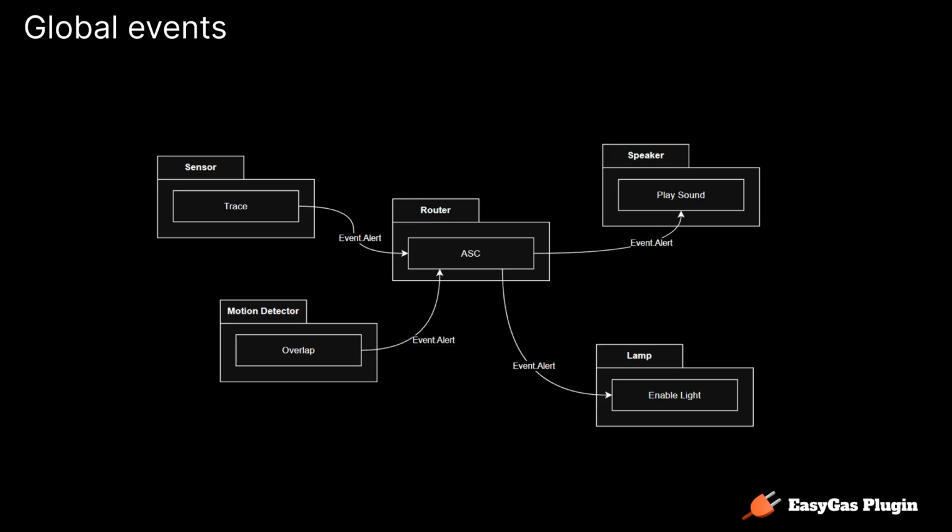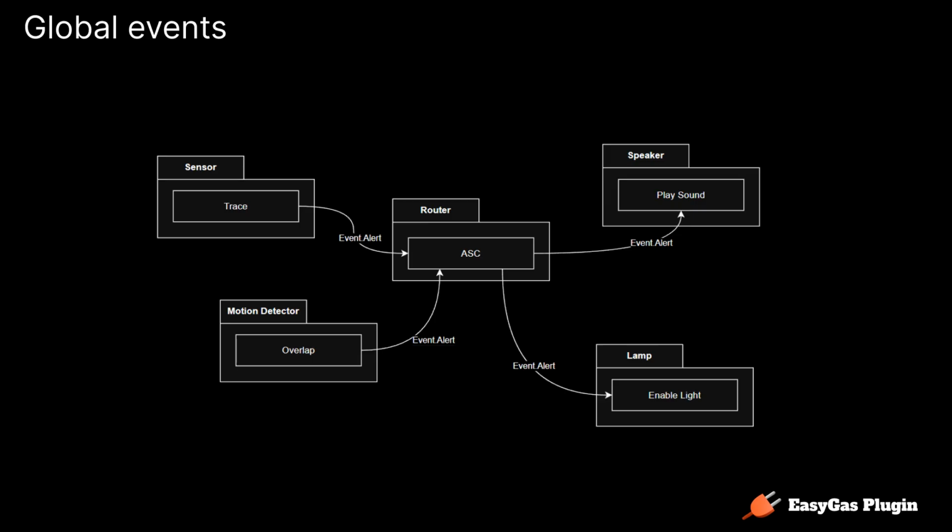And last case which I would like to cover is global events. We can use dedicated service actors to build event streams. Imagine a room with a security system. There may be multiple sensors and multiple signaling devices. We create an actor that serves as an event router.